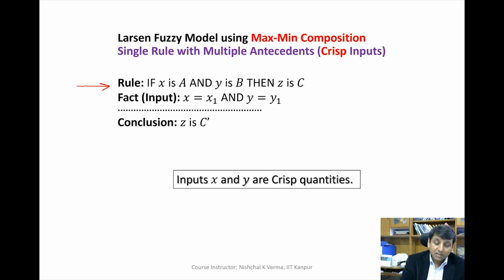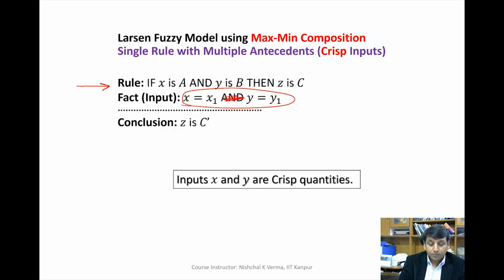Now when we supply the input to this model, x is equal to x1 and y is equal to y1. Both the inputs we are supplying are crisp inputs.